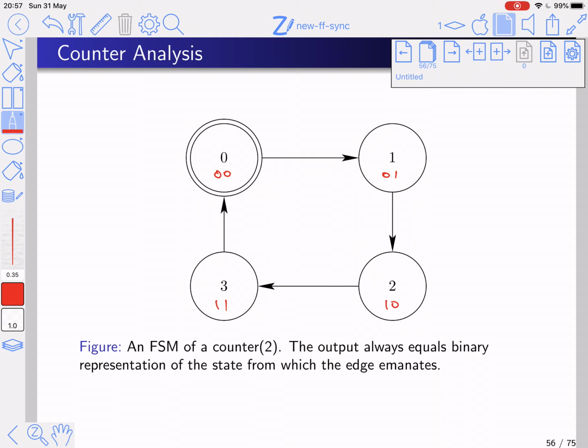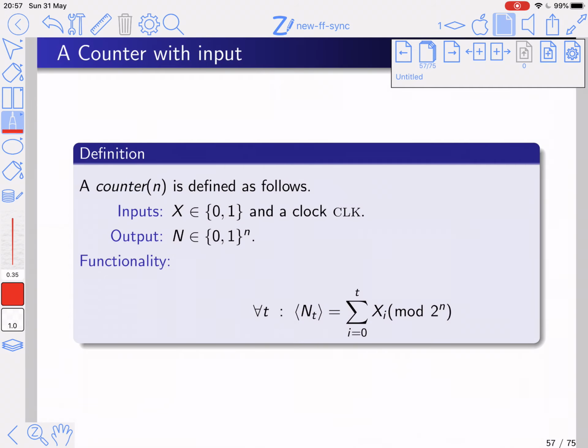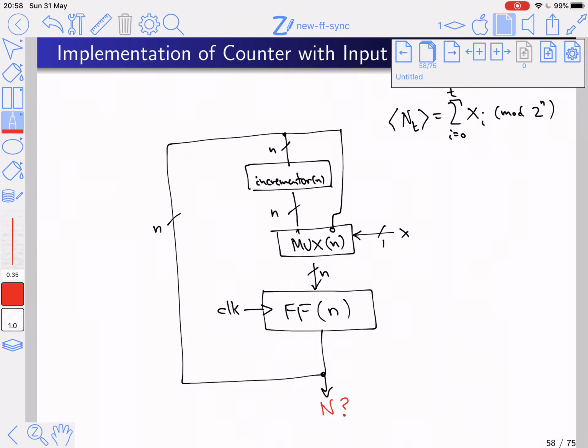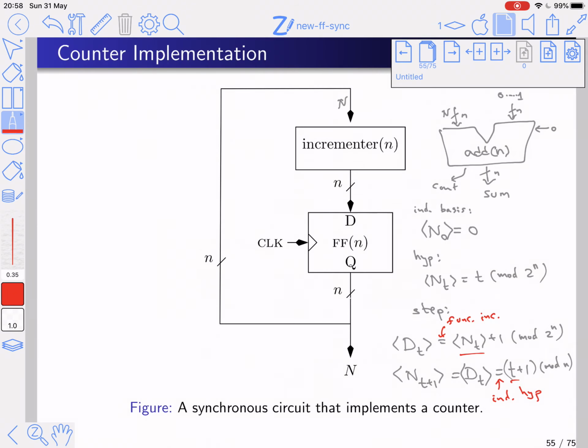Now, the transition, we don't have an input. The transition is what the incrementer does, right? So if we have the state 0, 0, we transition to the state 0, 1 because the counter increments. Because the counter performs an increment over here.